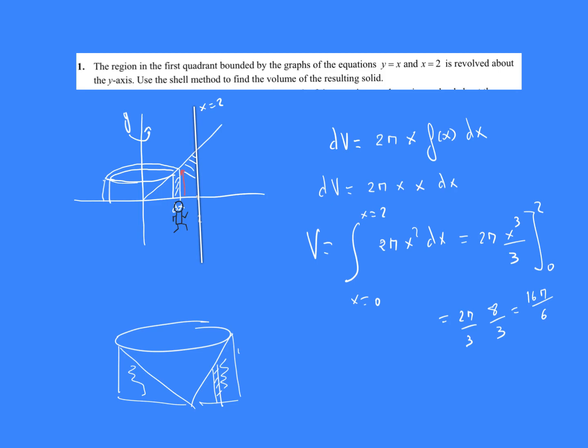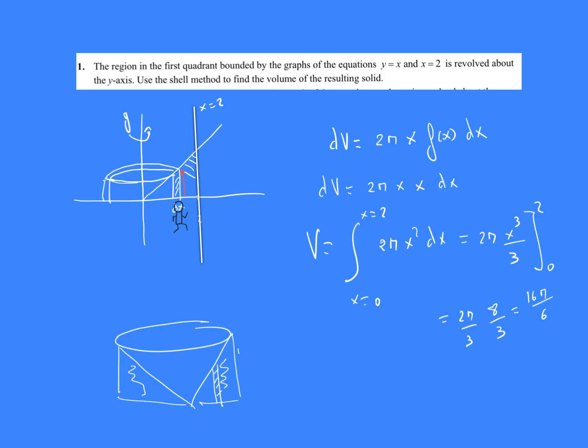The small volume generated by this guy when this area, this door, revolves one circumference, one revolution, will be 2 pi x f of x dx. And now the problem is solved.